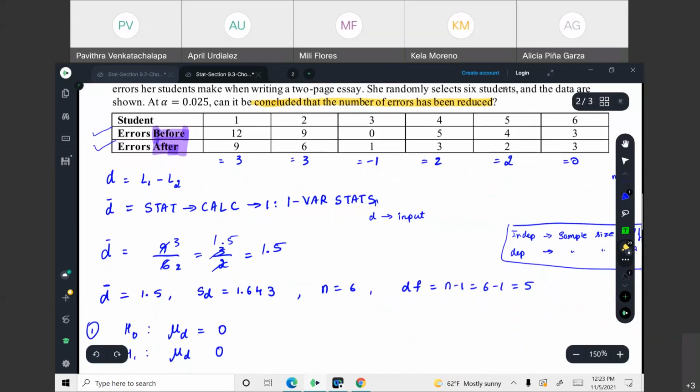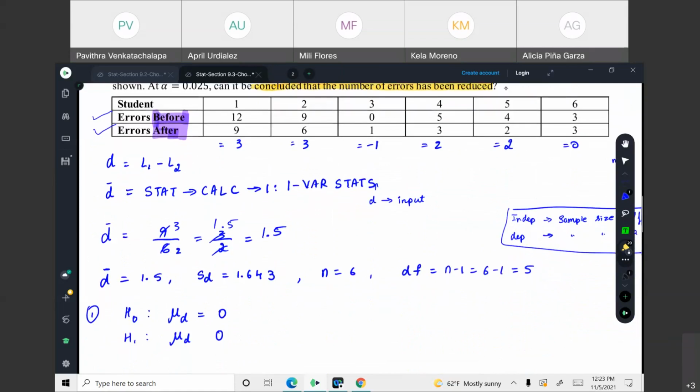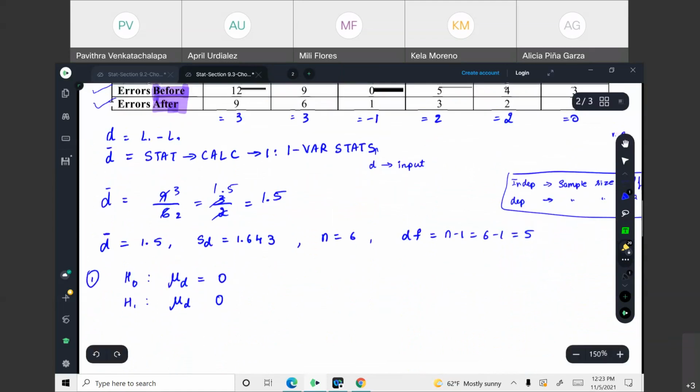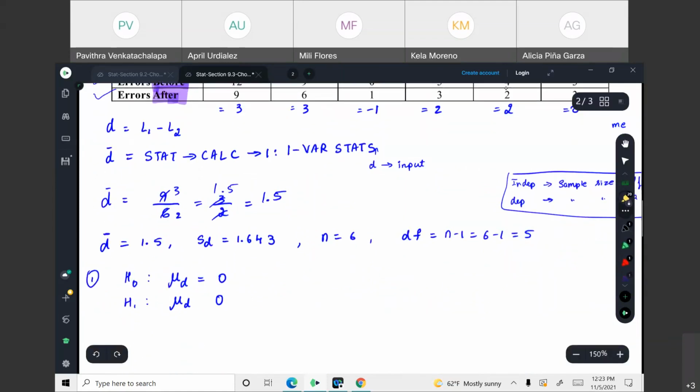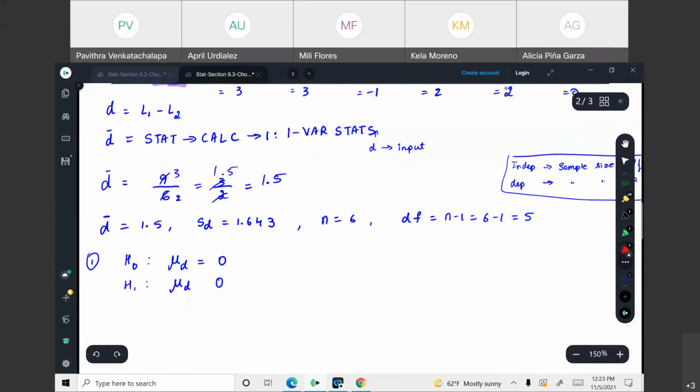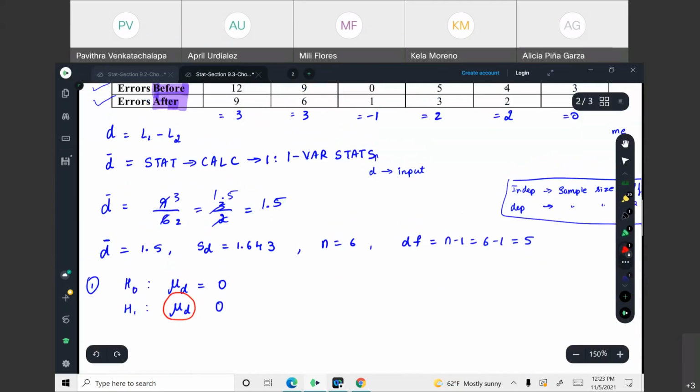So how do you decide, or how do you give the greater than or less than symbol? That depends on the data. Now we know that we are looking for the mean value. What is the sample mean? Sample mean is 1.5, right?